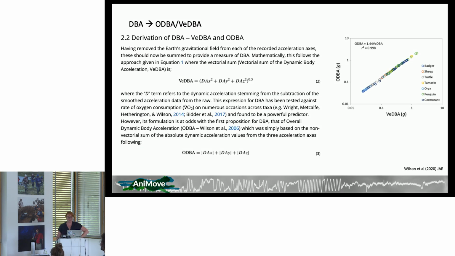So the dynamic body acceleration, you have these two measures, ODBA and VeDBA. ODBA is the sum, and VeDBA is the vectorial sum. There's different behaviors that these are sensitive to.